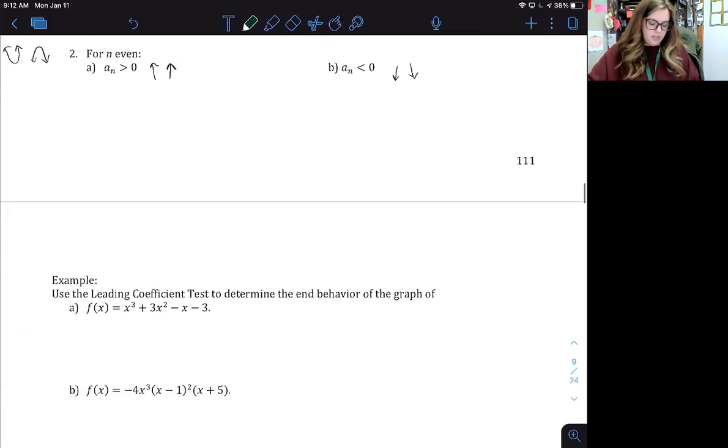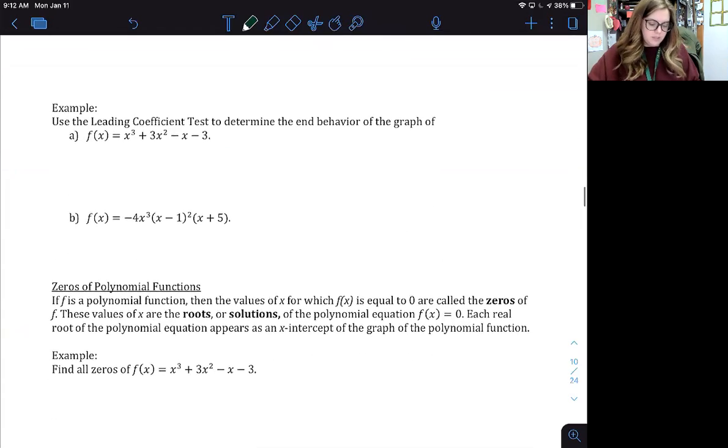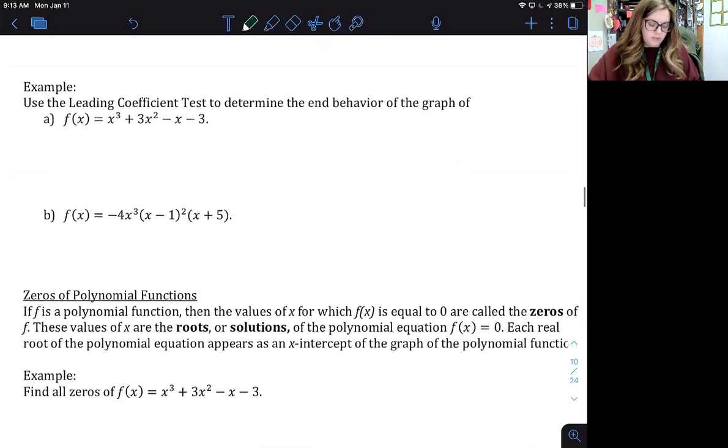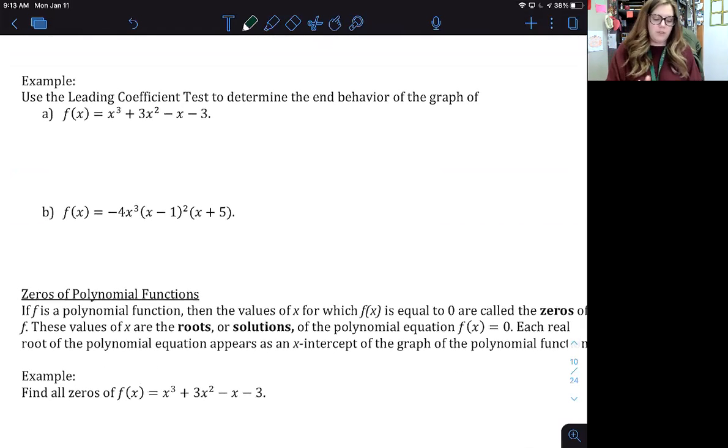All right, so looking at these two examples, use the leading coefficient test to determine the end behavior of the graph. So look at the first one. f of x equals x cubed plus 3x squared minus x minus 3. It's in standard form already. And our degree is 3, because that's our highest exponent.